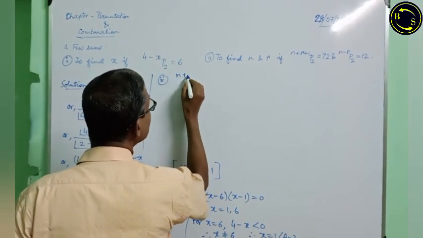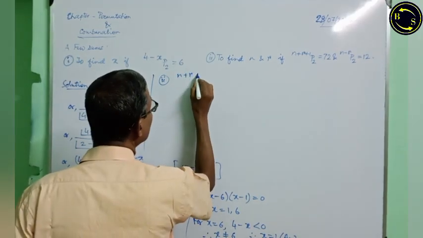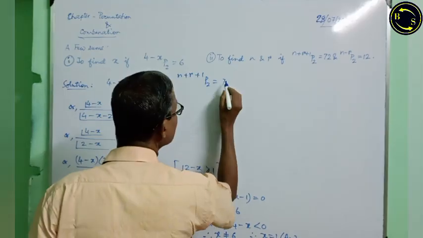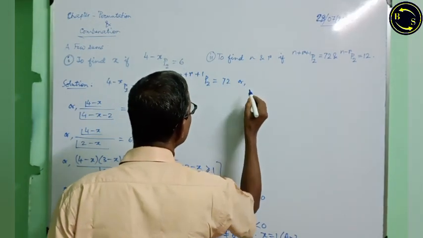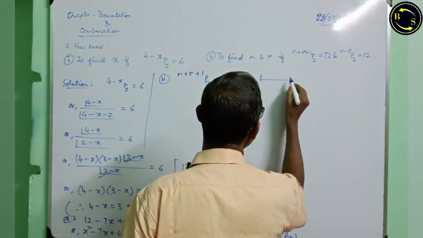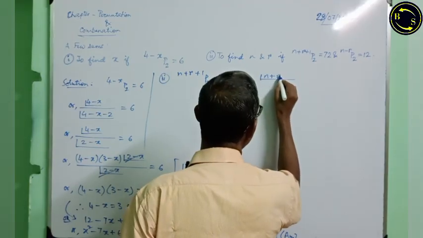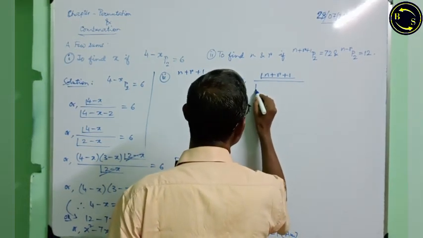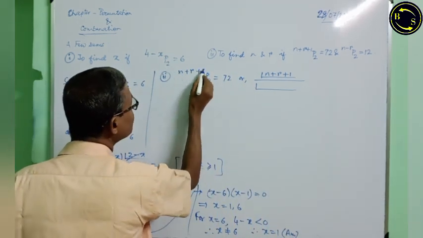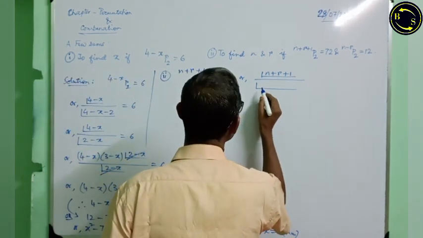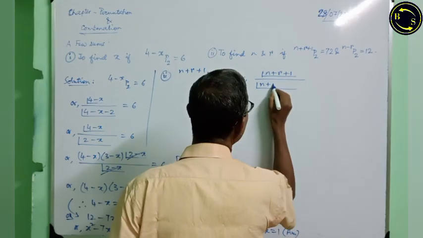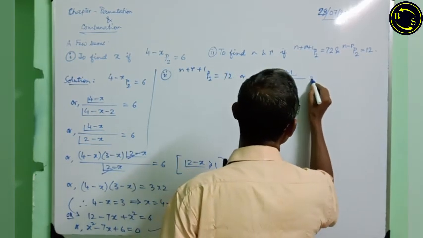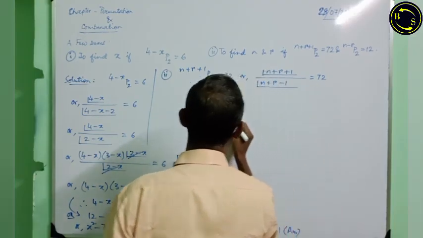(N plus R plus 1) P 2 is equal to 72, or factorial N plus R plus 1 by factorial this minus 2, that means N plus R minus 1, is equal to 72.